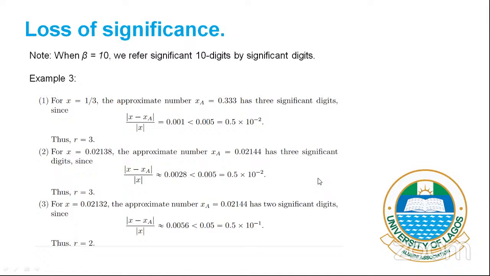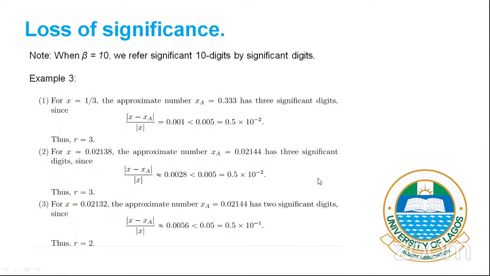R is equal to 3 here. So it will be 1 over 3 minus 0.33, over 1 over 3. To get the 0.01, you multiply through by 3, so you will have 1 minus 0.99, which will give you 0.01.